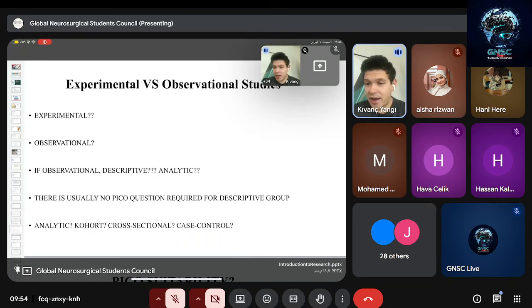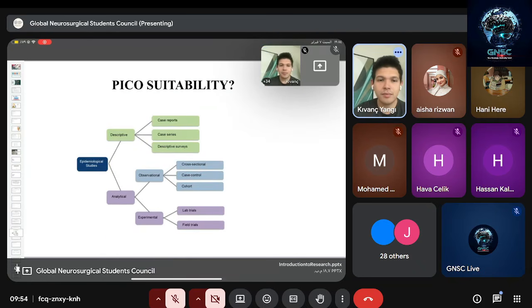Yeah, and you should be aware what is an analytical study and what is a descriptive study. Next slide, please. Yeah, please assess the PICO suitability, and please further examine the study type or main study design that you want to conduct, because you have to know what these descriptives are versus analyticals are. Okay, next slide.